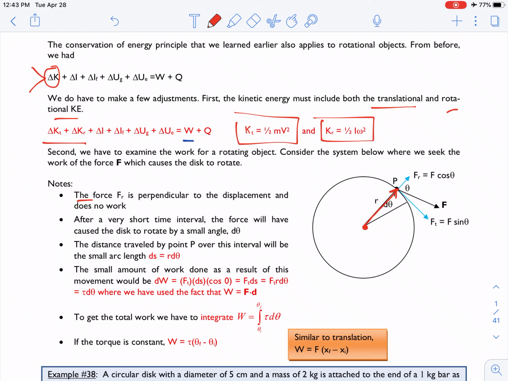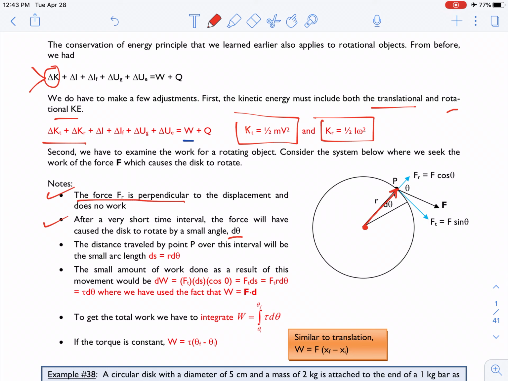The force FR is perpendicular to the displacement and it does not do any work. The displacement is going to be along this arc, right? And after a very short time interval, the force will have caused the disk to rotate by a small angle, d theta. So we're thinking infinitesimally small changes first.